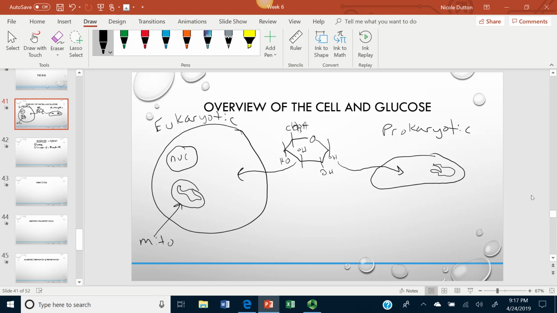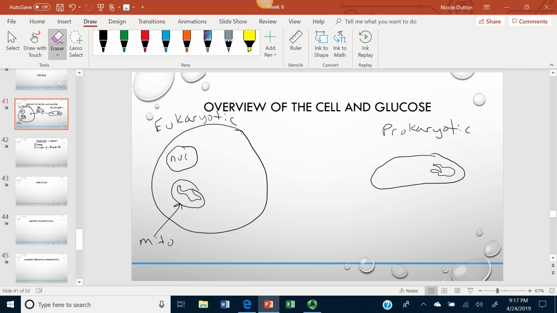Going back to this picture here, if we get rid of what glucose looks like, I'm going to draw it a little bit bigger now.